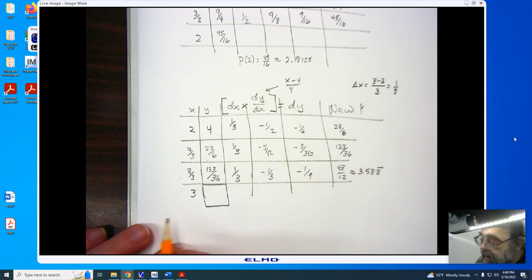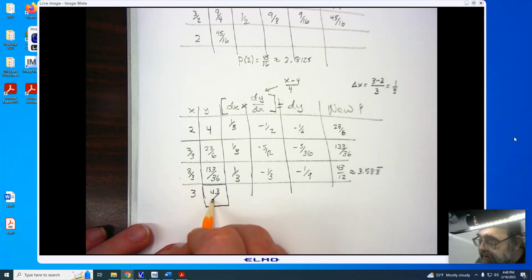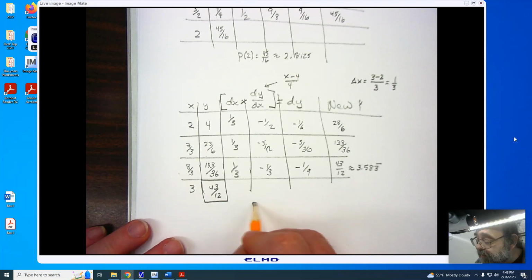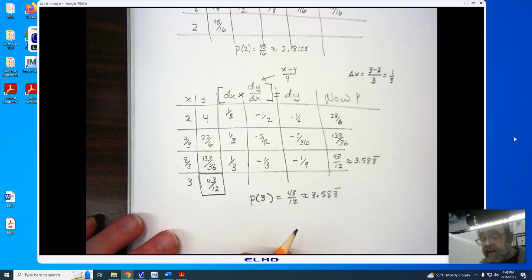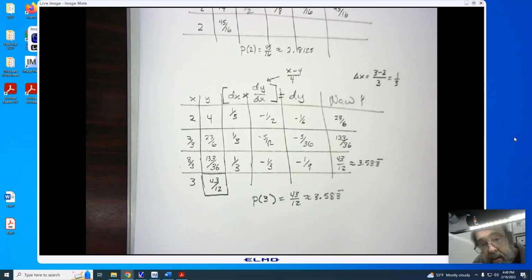Well, 43/12 is my answer, so I can now say that P of 3 is 43/12, or approximately 3.583 repeating. And that is our warm-up for today.